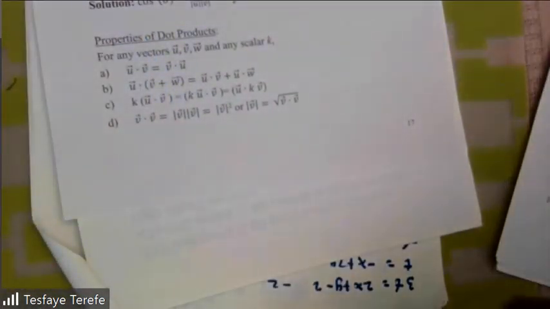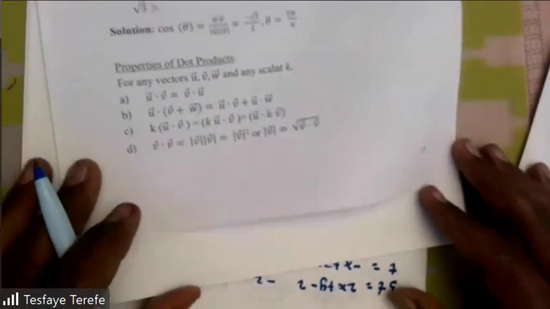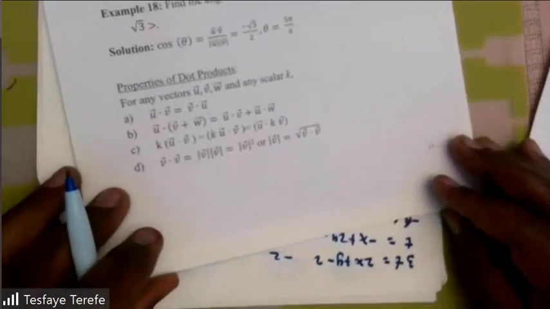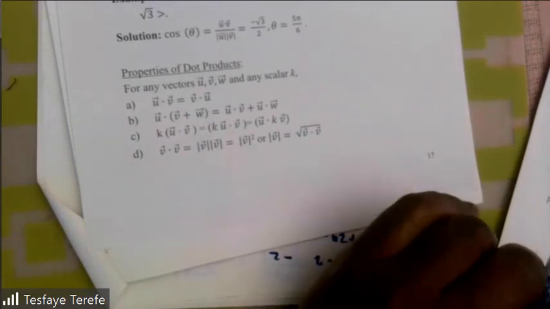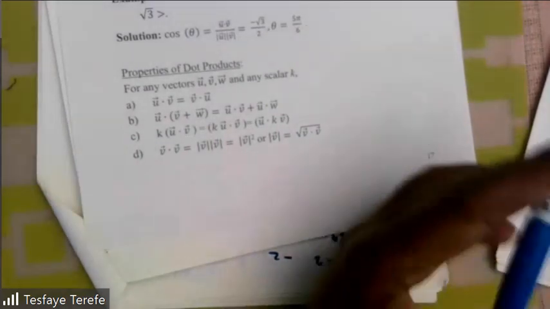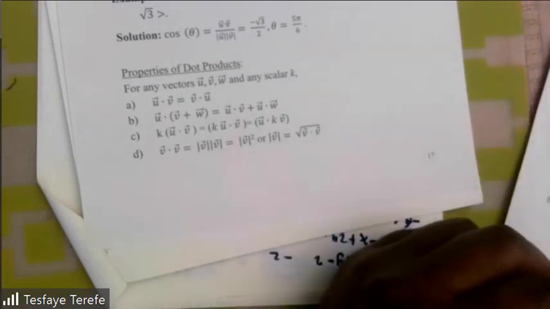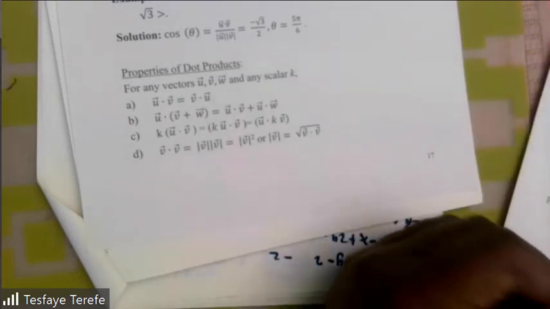Okay, the other thing that you learn is the properties of the dot product, and let us review that. When you are taking the dot product of two vectors, commutativity holds true, because look, the norm of the first vector times the norm of the second vector is a positive number, times the cosine of the angle between them.